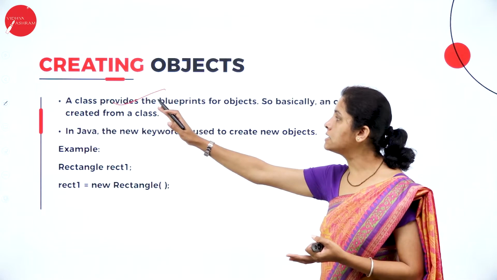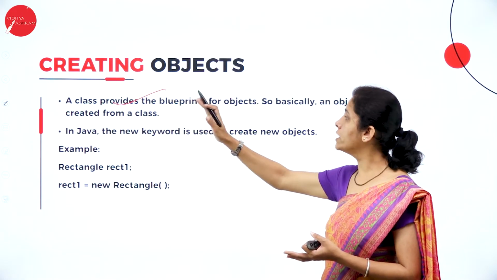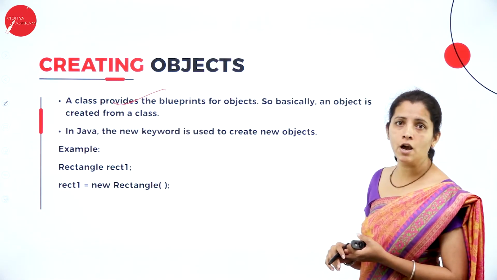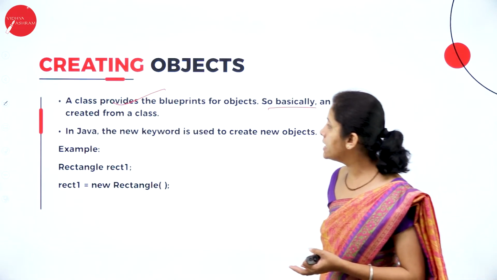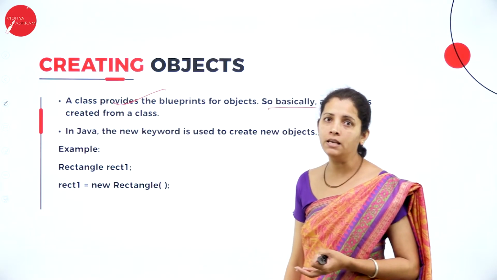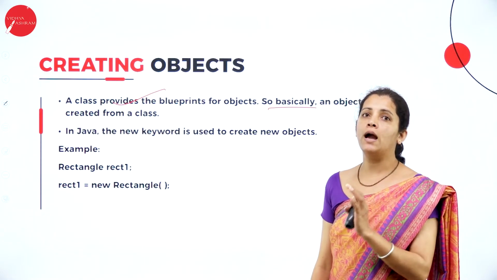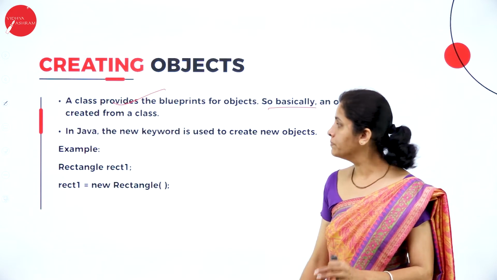A class provides the blueprint for the objects. So basically an object is created from a class. That means for a particular class, I'm going to have a particular object.